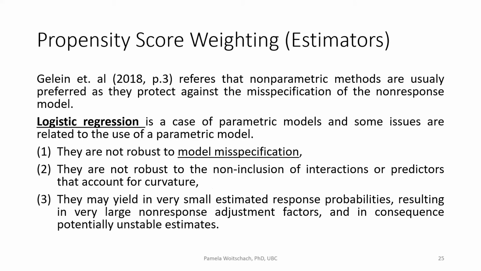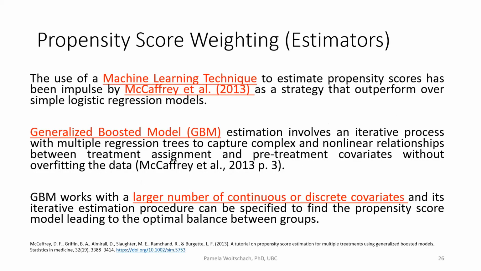Parametric and non-parametric methods can be used. Gell in 2018 described that non-parametric methods are preferred. Logistic regression is an example of a parametric method that might not be robust to model misspecification.